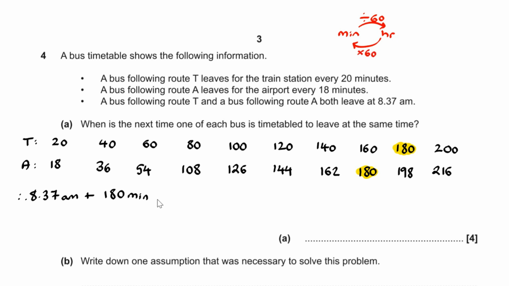And therefore, if we divide 180 by 60, we have 8:37 a.m. plus another 3 hours. It turns out here they both leave at the same time next at 11:37 a.m. So we have 11:37 a.m.